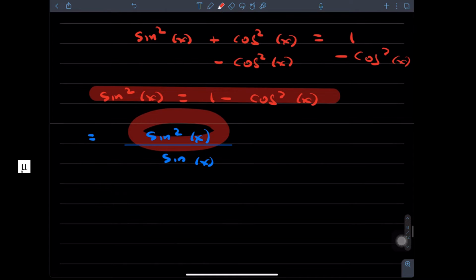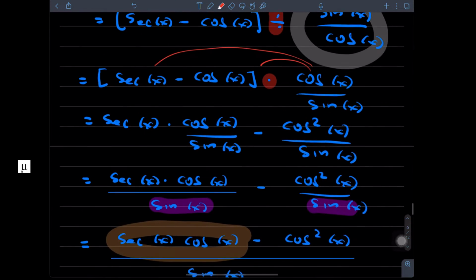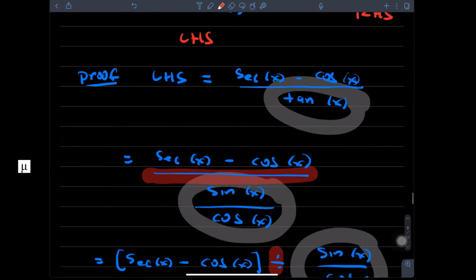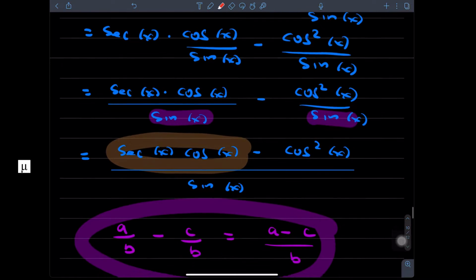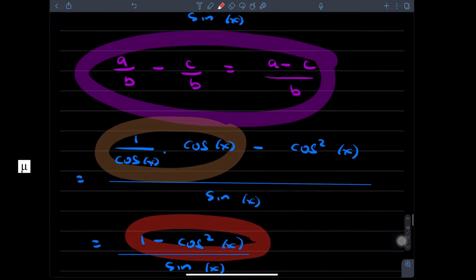So what's sine squared over sine squared? That's just sine. And what is this? The right-hand side. So you've shown your left-hand side is equivalent to the right-hand side by using algebra, known identities, and logic.